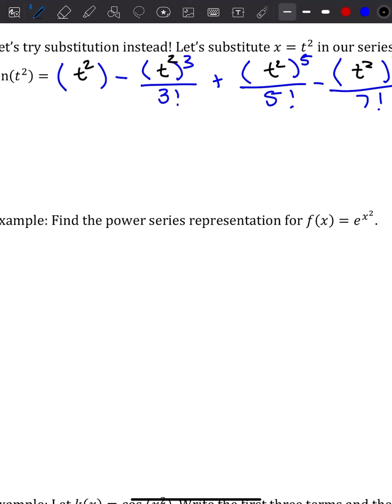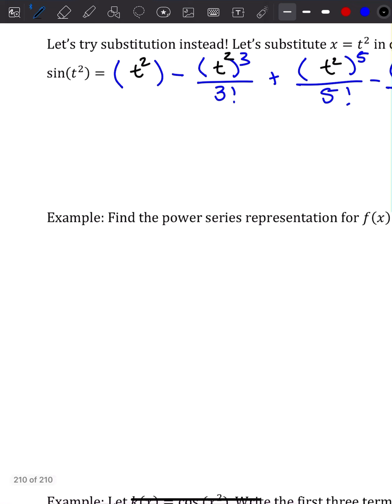Now all we're going to do is simplify. t squared stays the same, minus t squared raised to the 3rd power. I have a power raised to another power, so we multiply those exponents together.